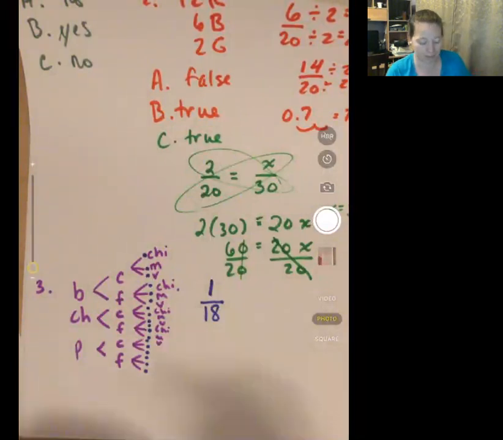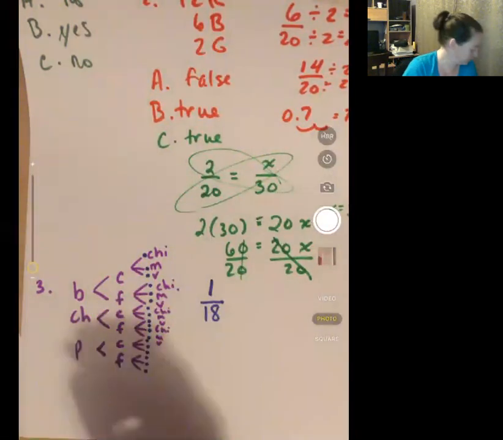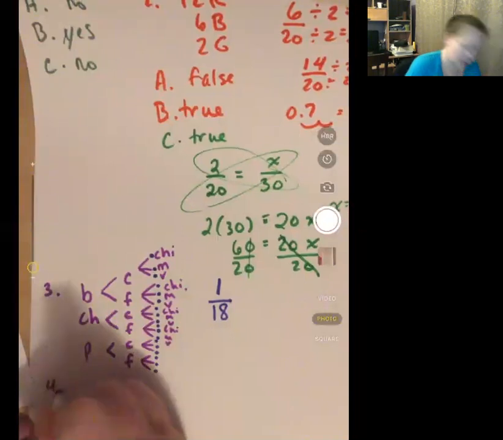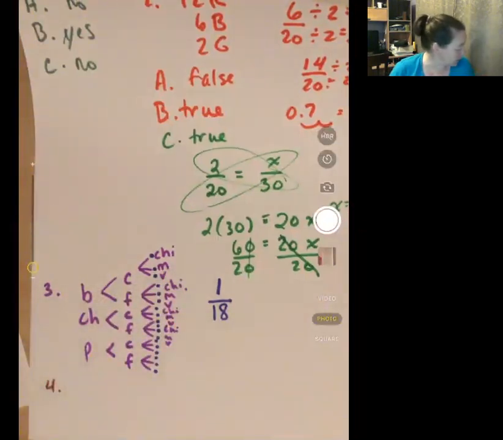Okay. Number 4. A weather forecast states there is a 20% probability of rain on each of the next 3 days. Describe a simulation you could perform using random numbers to find the experimental probability that it will not rain on any of the next 3 days.